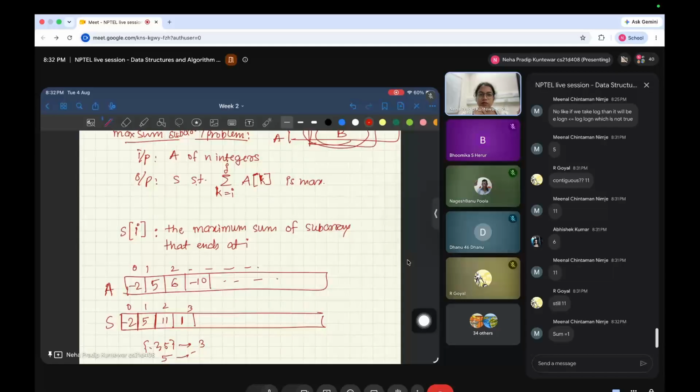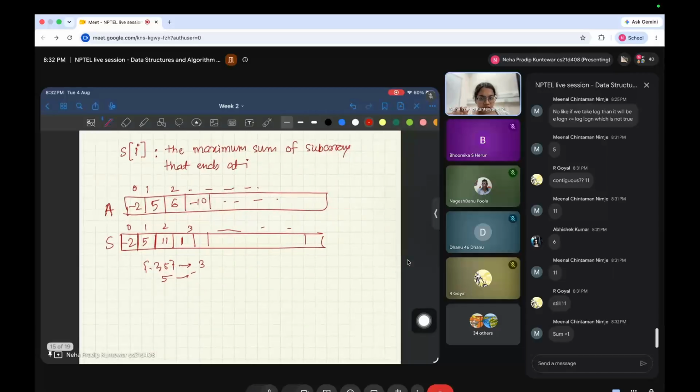Then you will fill the entire array S in this way, and in the end find the max of S of i, where i is from 0 to n minus 1. This is what you will do, and that will give you your answer.